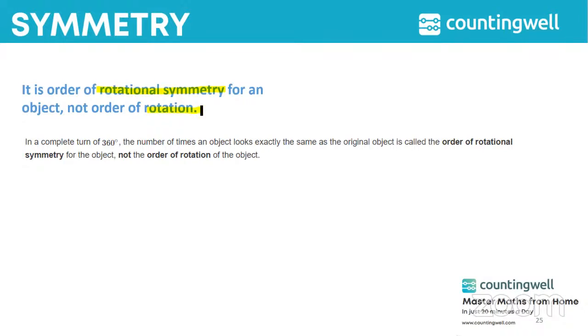So in a complete turn of 360 degrees, you have to check how many times an object looks exactly the same as the original object, and that will be your order of rotational symmetry for that object and not the order of rotation of that object.